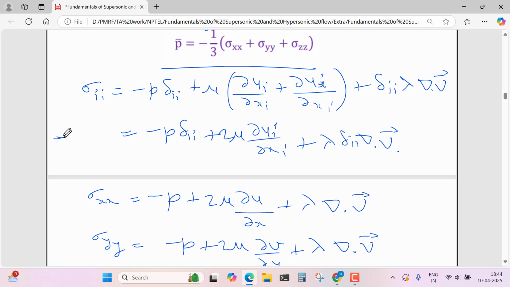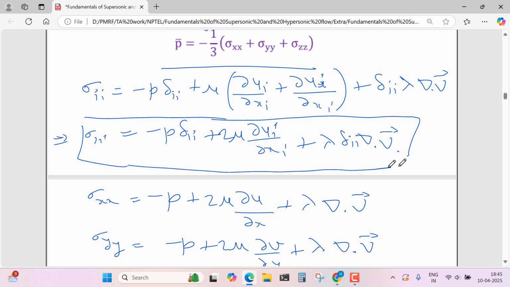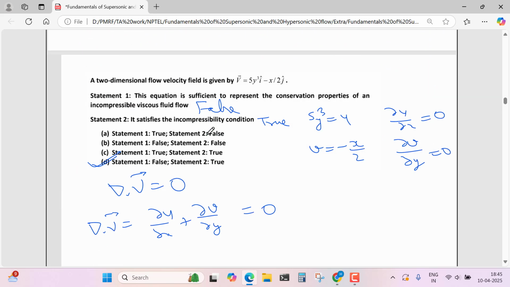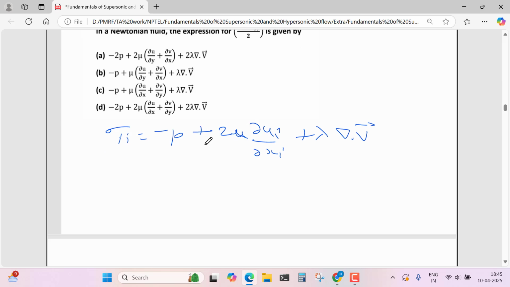This is the statement for sigma ii. Or you can write also minus p delta ij.